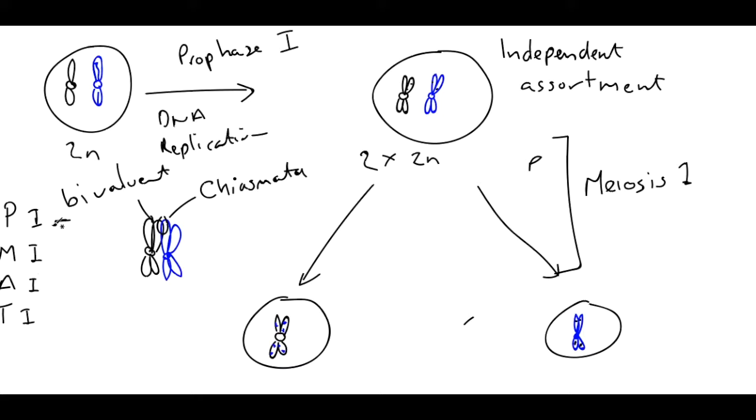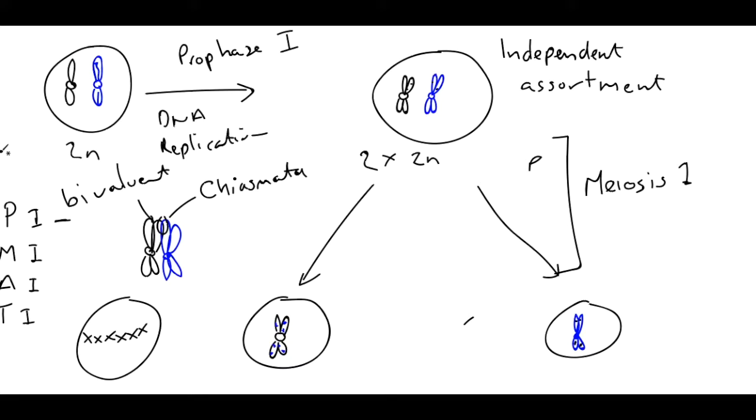Okay. The next difference between this PMAT and the mitosis PMAT is that in mitosis, in metaphase, all the chromosomes line up. So there's 46, they all line up in the center like this. Okay? This doesn't take place in meiosis.